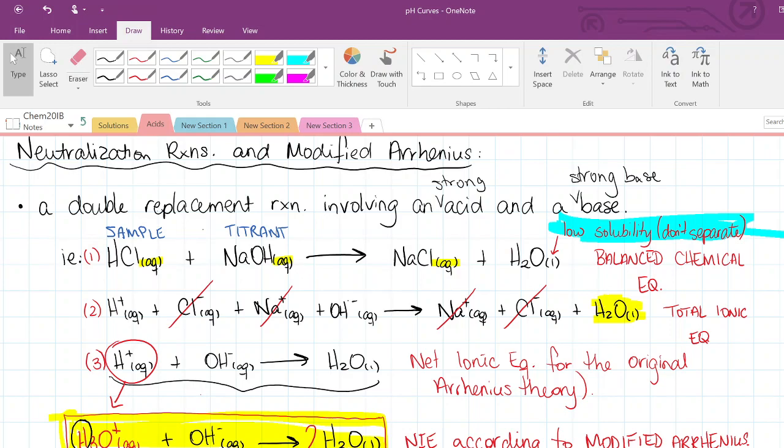At equivalence, we had an equal concentration of hydrogen ion and hydroxide. And so all we've got in there now is water. And that's why the equivalence point for your pH curve is at 7, right? And then if we added excess hydroxide to that, we ended up on the flip side.